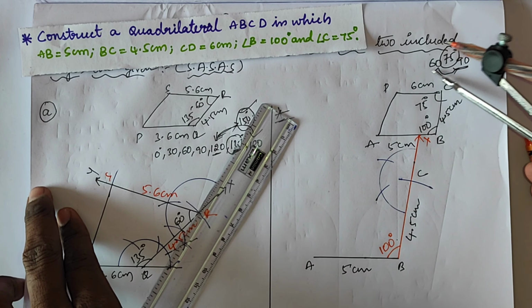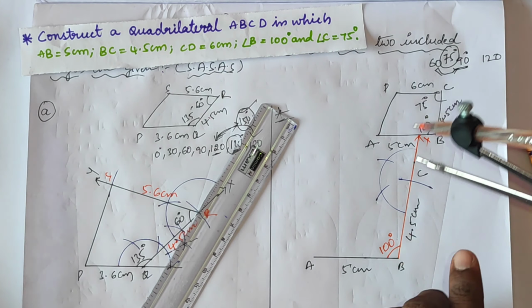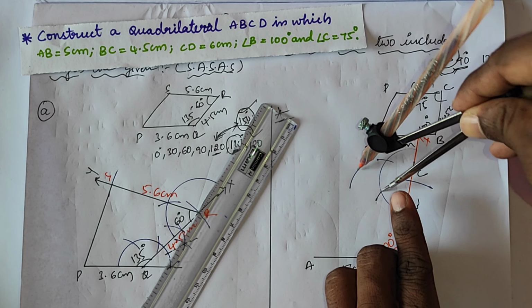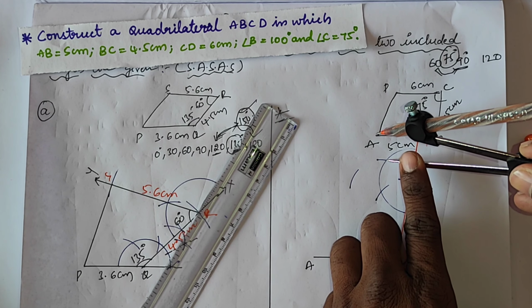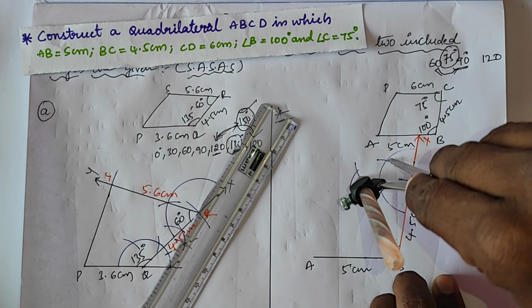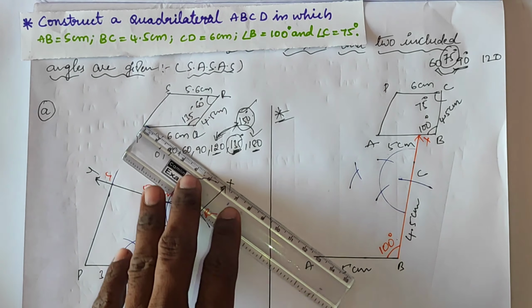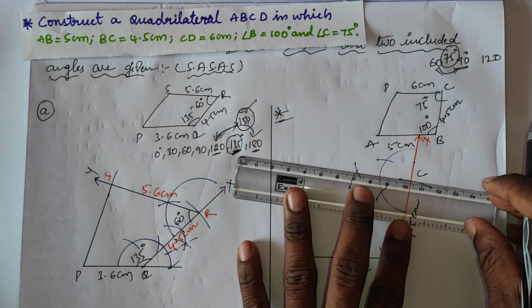Between 60 and 120, what is the required angle? 90 degrees. So taking 60 degrees as a radius, drawing an arc, and with 120 degrees I am cutting this previous arc. We got the intersecting point. Now this measure is how much? 90 degrees.